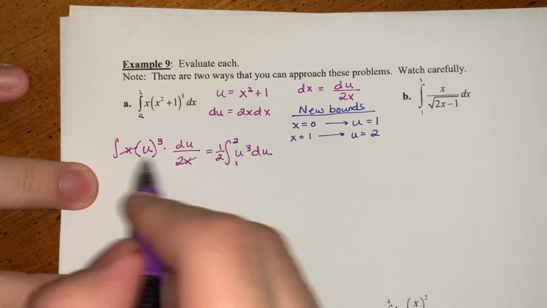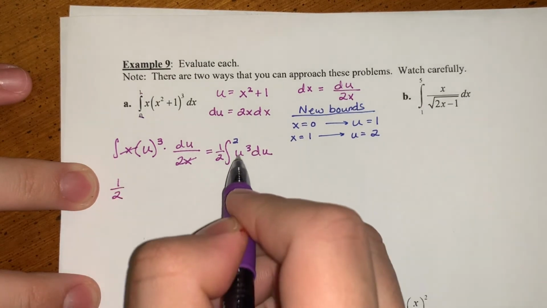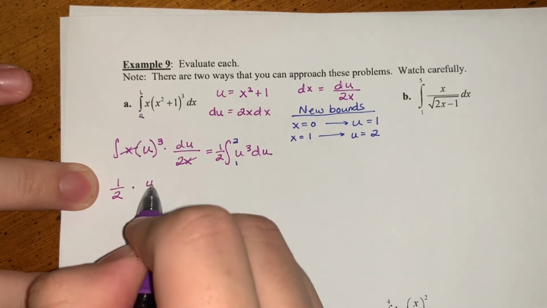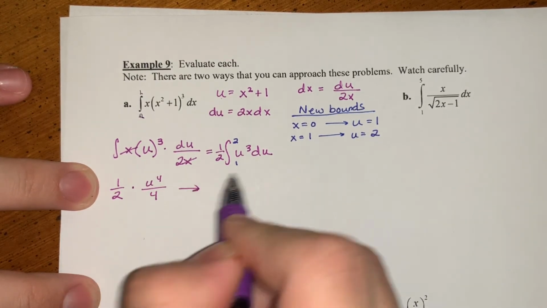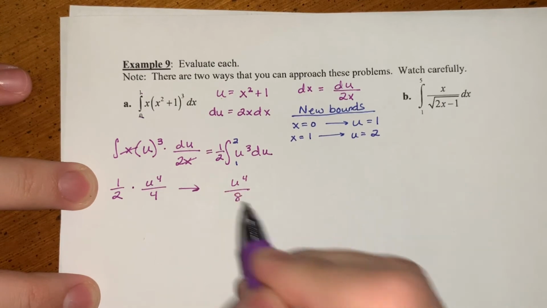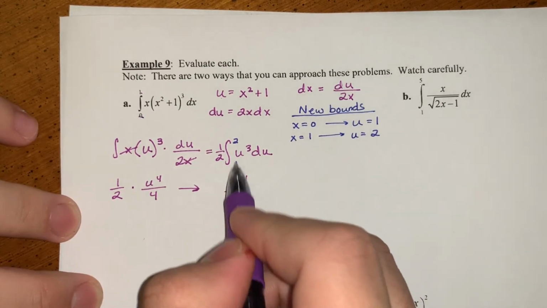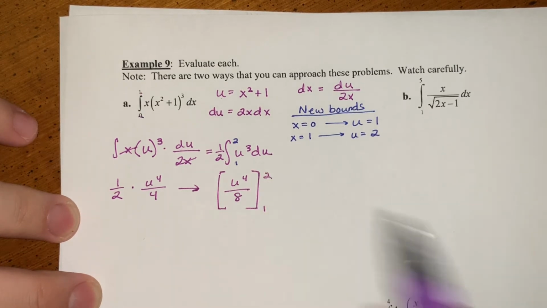So now I'm going to go ahead and do this integral. I have 1/2 times u to the 4th over 4, right? That's the integral of that. So let me write that instead as u to the 4th over 8. And now I have to evaluate this from the bounds of 1 to 2.